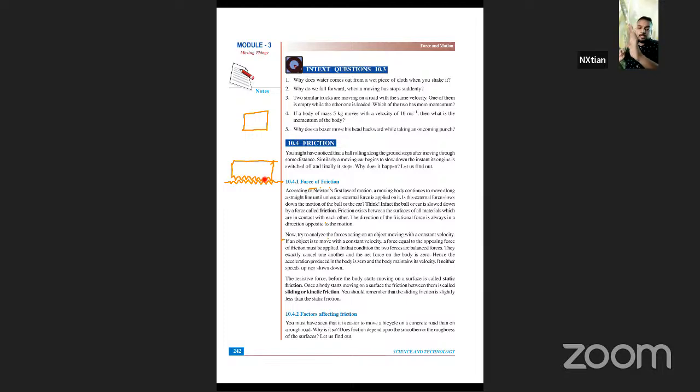Whenever I push it, it will move, and when it is moving, kinetic friction is working on it. Static friction wants the object to stay in the same static position, and kinetic friction wants to slow down the object and make it static. So both work against the motion. It's enough.